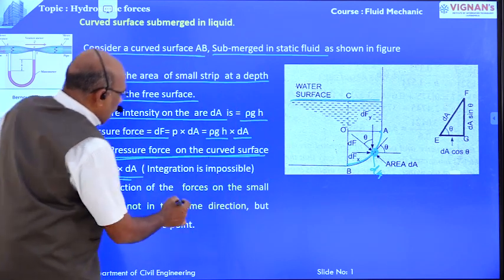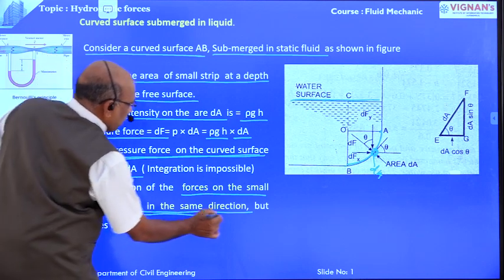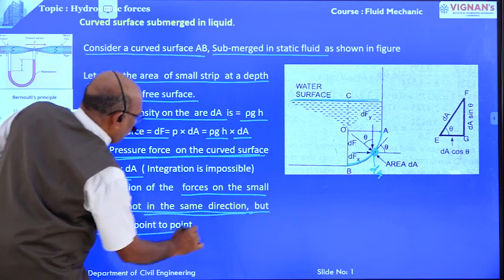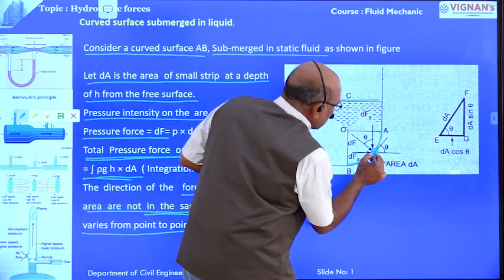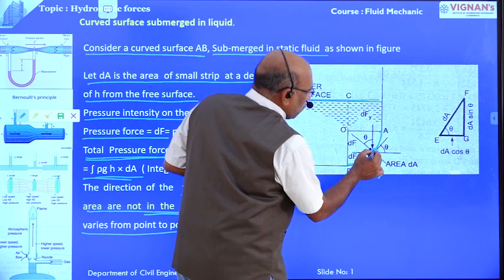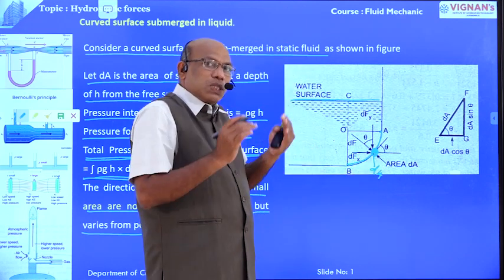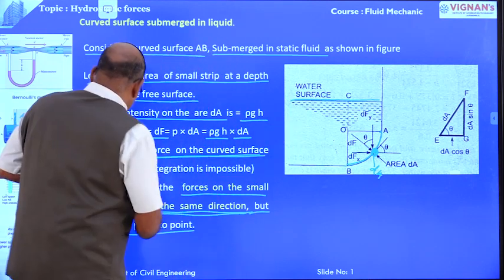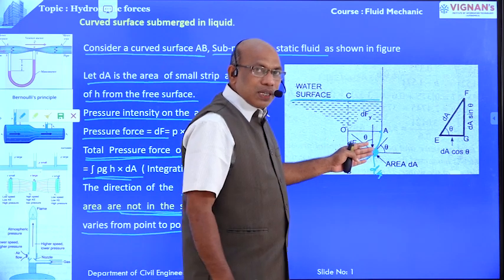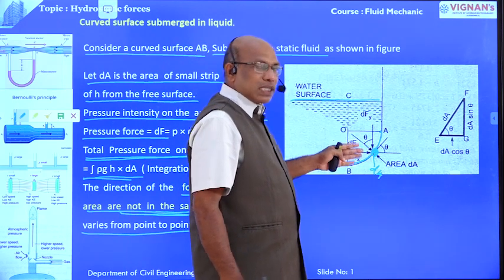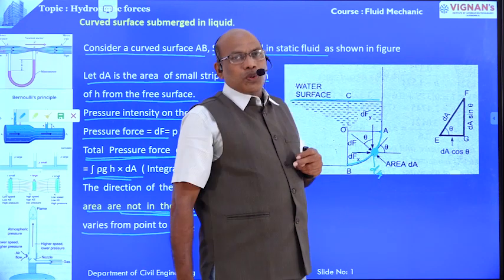The forces on the small areas are not in the same direction but vary from point to point, because this is the curved portion.